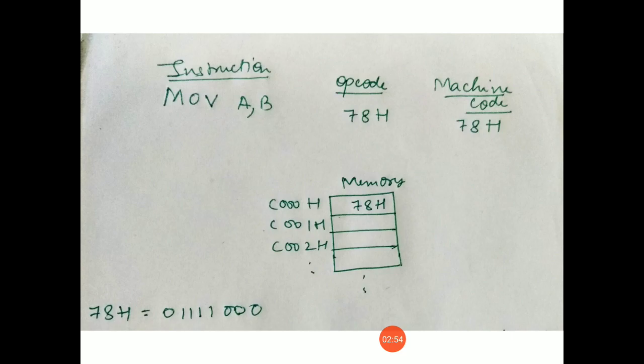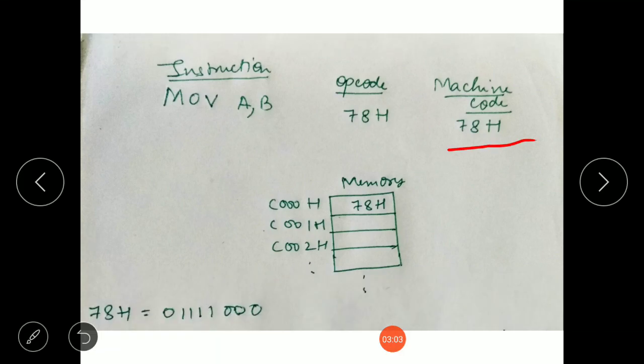Now this instruction is a single byte instruction having just the opcode, which needs to be fetched from the memory by the microprocessor.